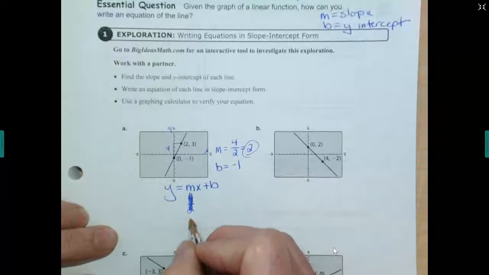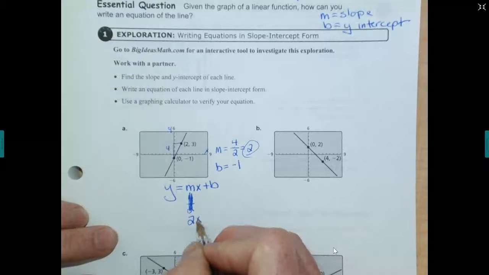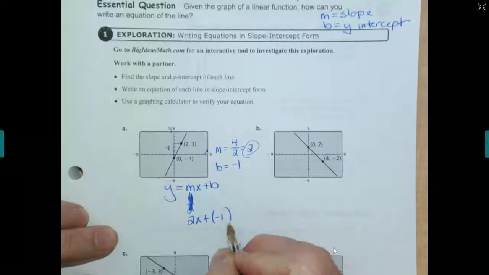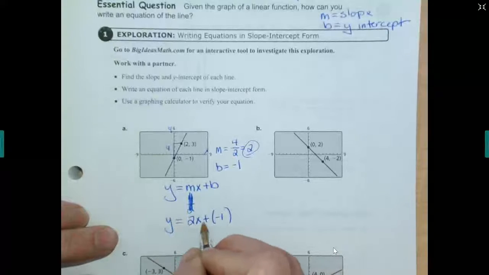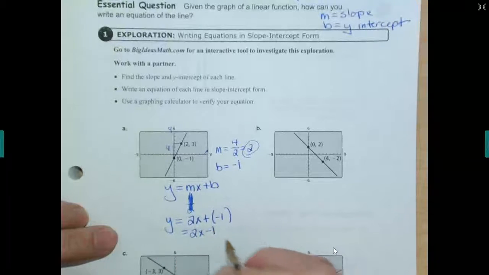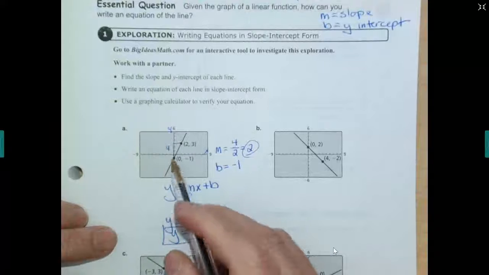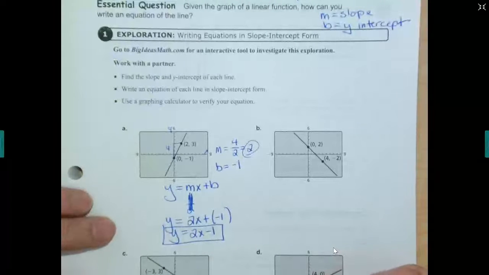So I'm going to use 2 for our mx plus our b value, which is negative 1. So y equals 2x plus a negative 1. I could simplify that to 2x minus 1. So y equals 2x minus 1. That's our linear equation for that line.